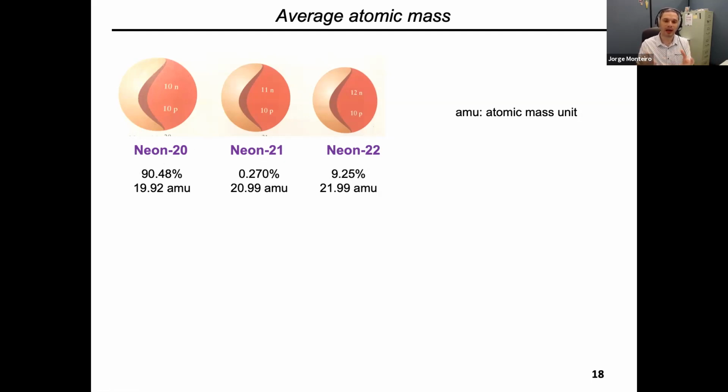When we have a sample of neon, 90.48% is going to be neon 20, 0.27% neon 21, and 9.25% is going to be composed of neon 22. The average atomic mass will take into account an average of each mass that's contributing to the total mass of the element. Let me go back here.